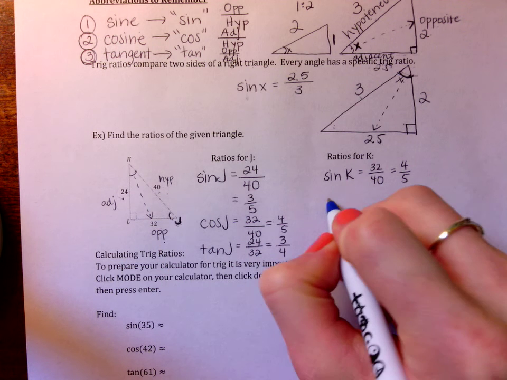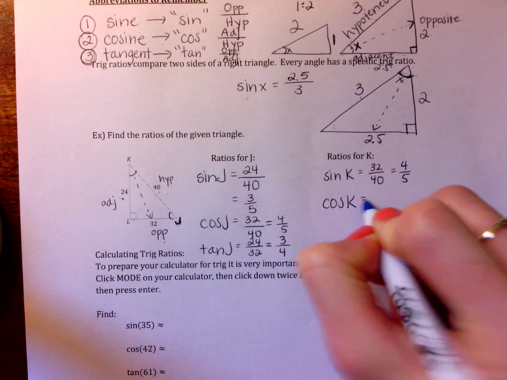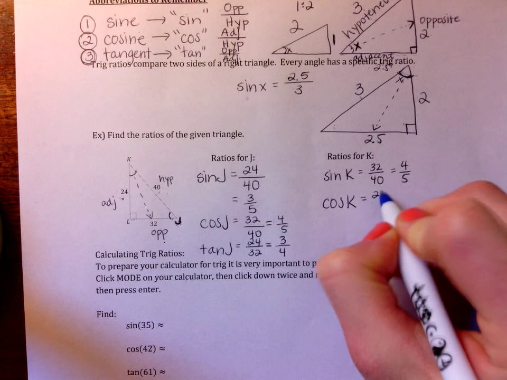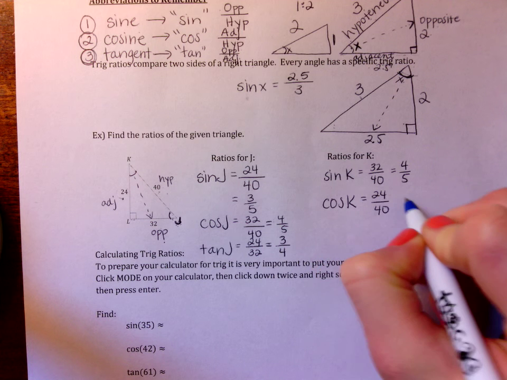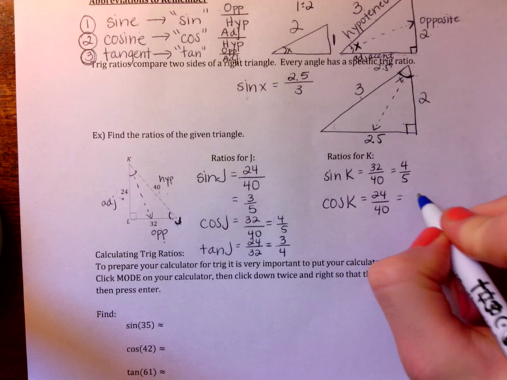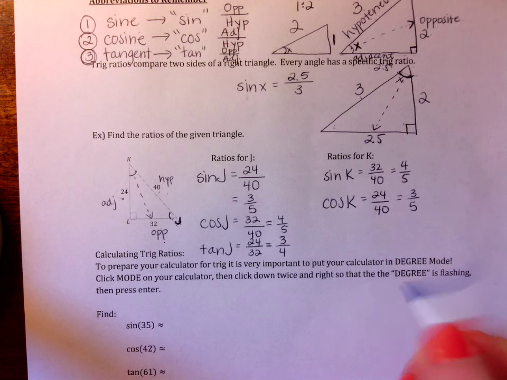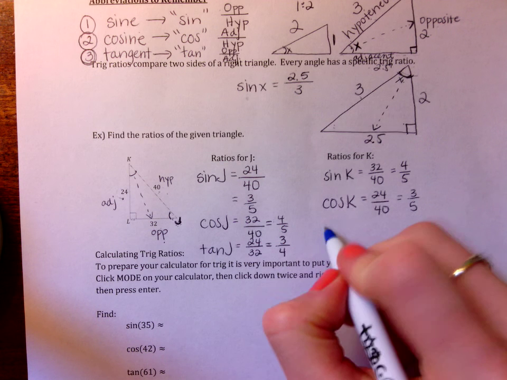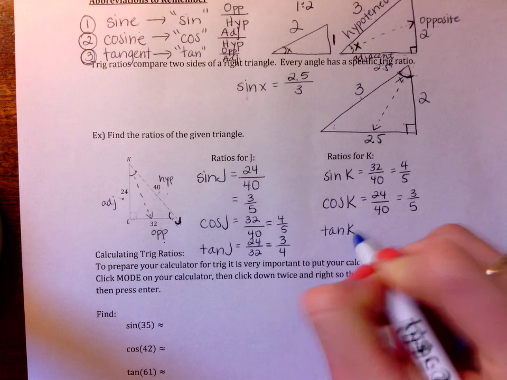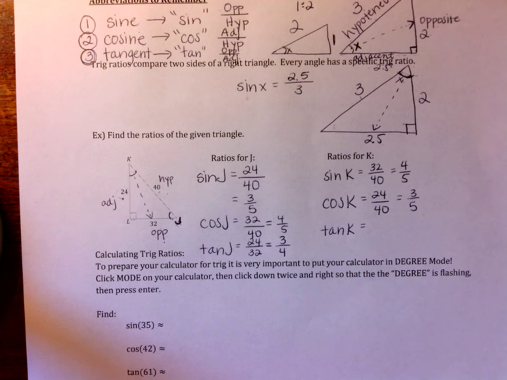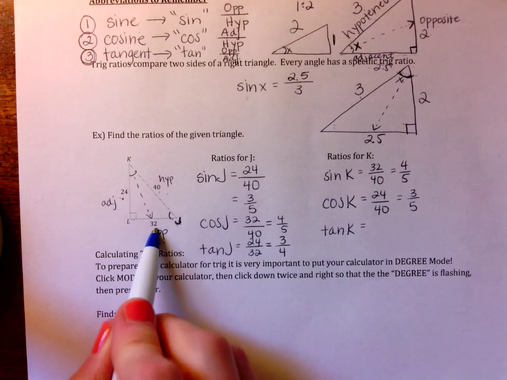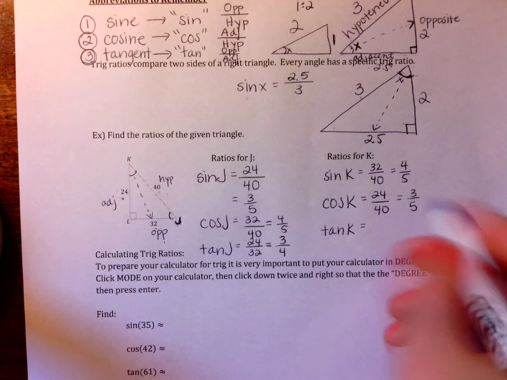So the answer to that one would be 24 over 40, or 3/5. And last but not least, we have tangent of K, and that's comparing opposite over adjacent, so 32 over 24.